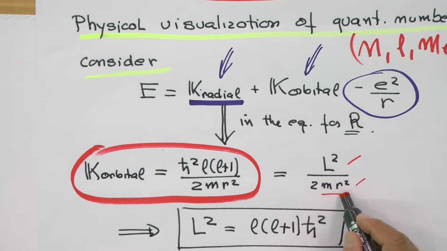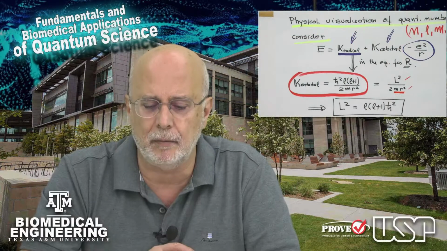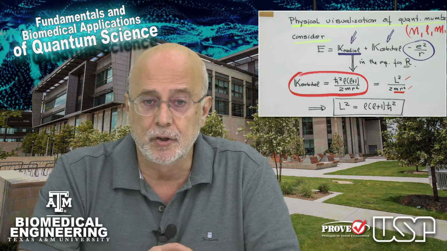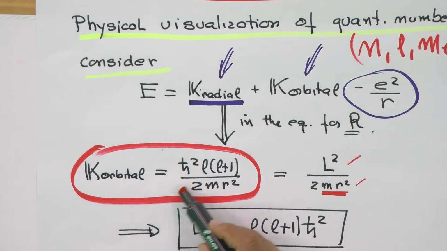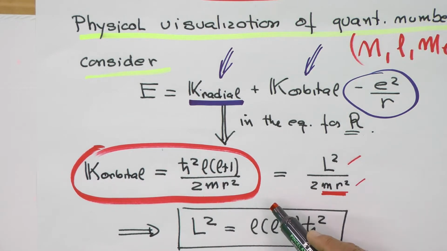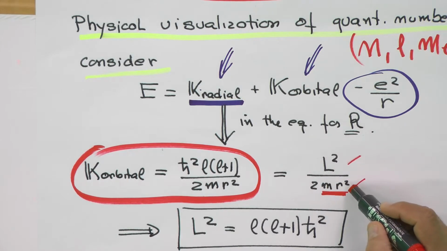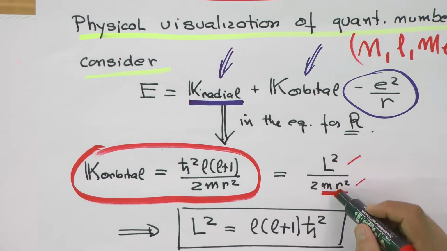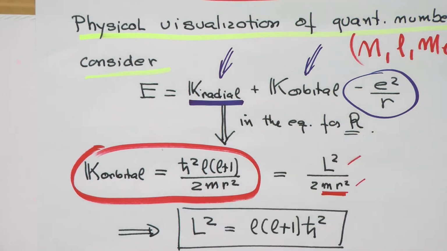And the inertial momentum is the mass times the radius squared, right? That's what we learned from basic classical mechanics. So we identify that the kinetic part of the energy in the orbital part is L squared divided by 2m r squared, which is L squared divided by 2 times the inertial momentum of this mass around the center of force.